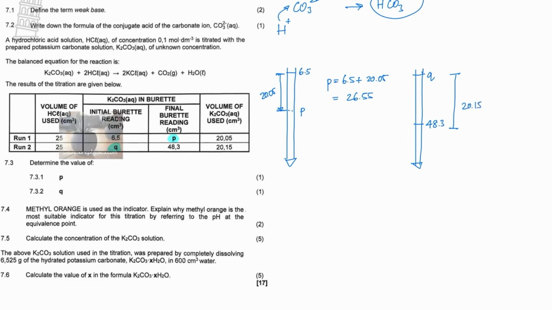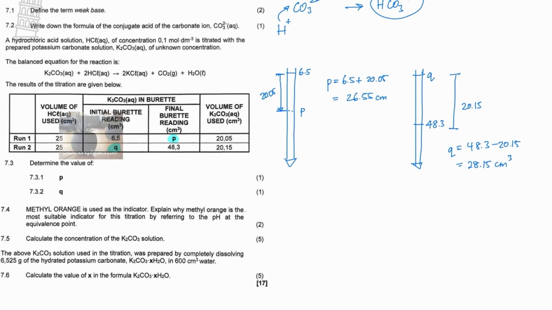Q is going to equal 48.3 minus 20.15, which is equal to 28.15 cm cubed. Let me just neaten that up. So 28.15. Okay.